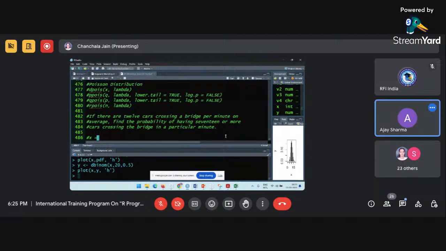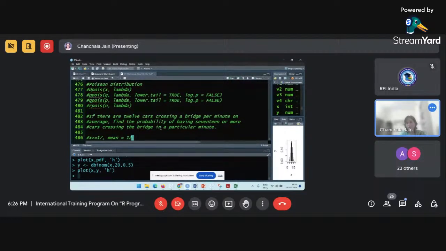Okay, fine. So x will be greater than or equal to 17. We want to find the probability of having 17 or more cars crossing the bridge, right? And then talking about lambda or mean. Mean is what? On an average, 12 cars are passing, right? So we can write mean is 12 or lambda is 12, right?